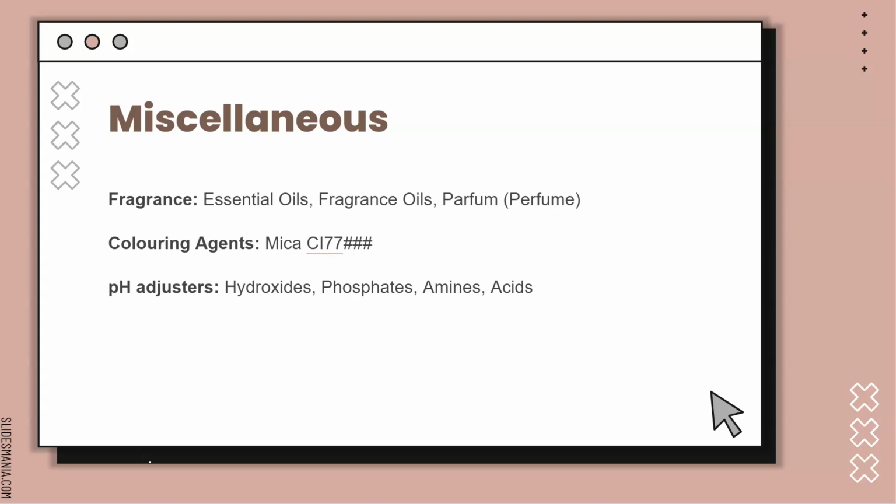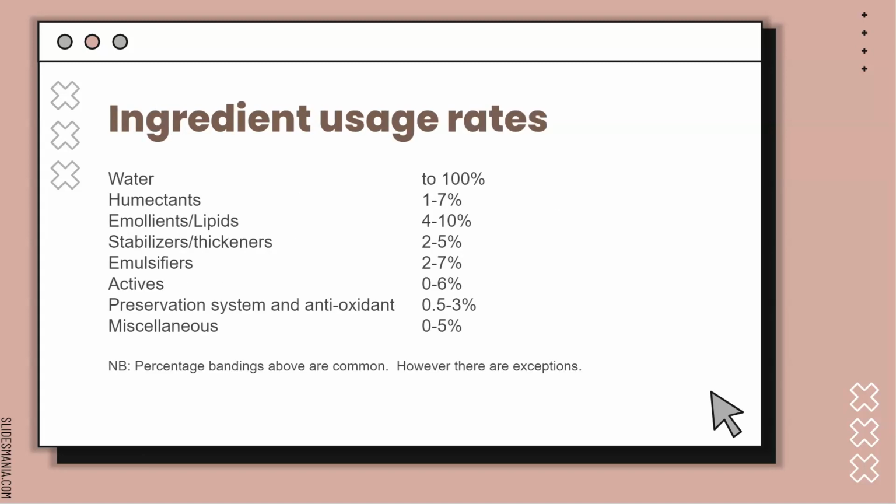So examples of these are hydroxides, like sodium hydroxide, phosphates, like calcium phosphate, potassium phosphate, and amines, and also acids, of course, like citric acid, malic acid, or lactic acid, and the rest. Okay, so our next slide would be the ingredient usage rates. These percentages are the percentage bandings that are common in skincare.